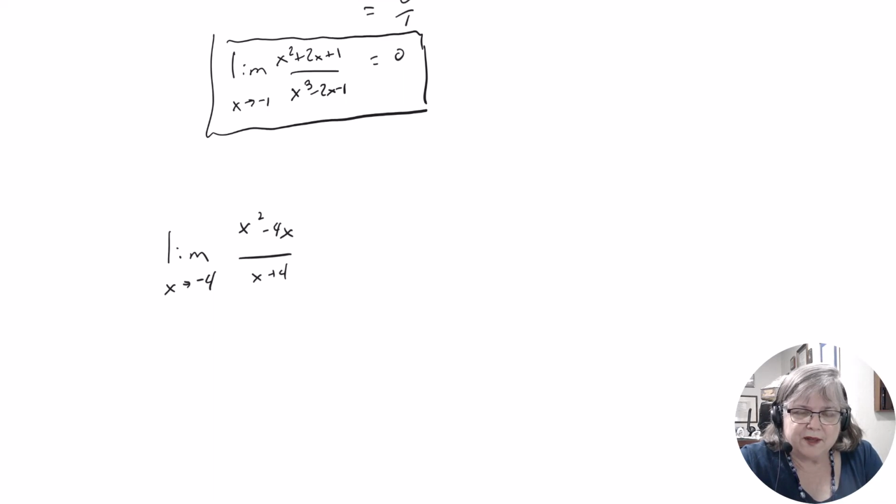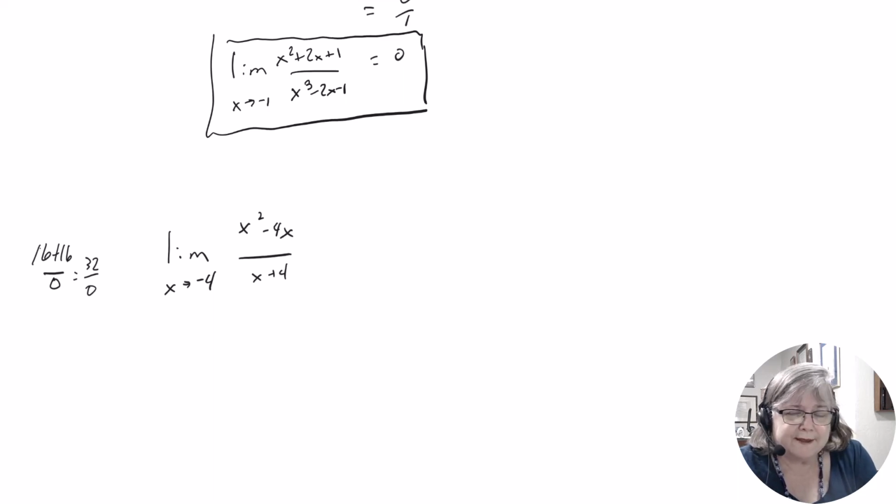Well, if you try to substitute this in, definitely you have 0 in the denominator, right? But in the top, you would have 16 plus 16, which is 32 over 0. This is not something that qualifies for L'Hopital's rule, right? It is not the indeterminate form.